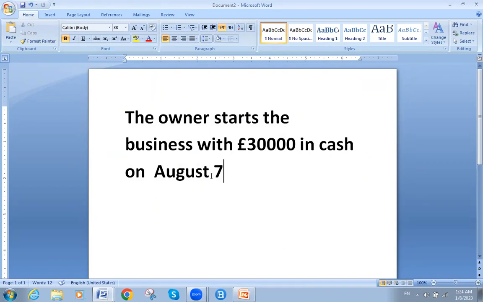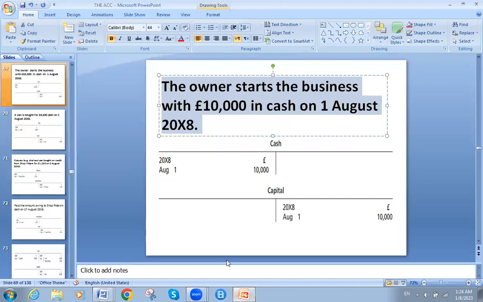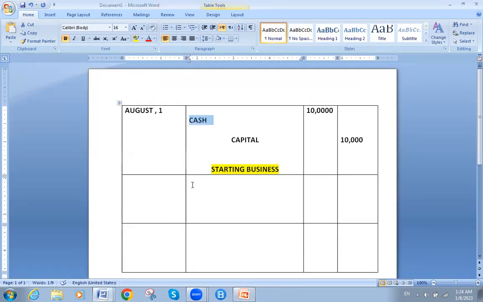So here, I'll put for you the same example so that you can work on it, and my own example as well. You can see from cash to capital. That's how you'll do it.